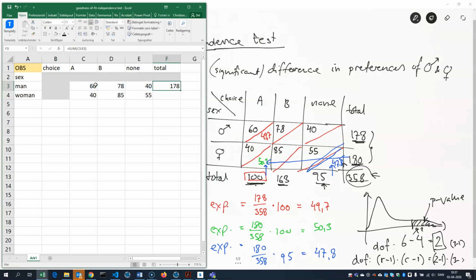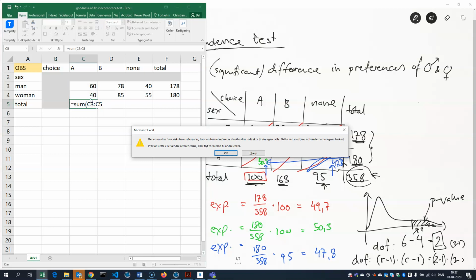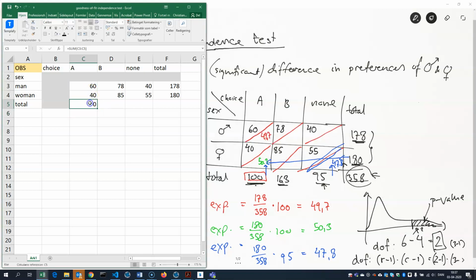We can copy that. And here we have total, the sum of those 2 here. Oh, something went wrong. Sum of, like that, and we copy that all the way over here.